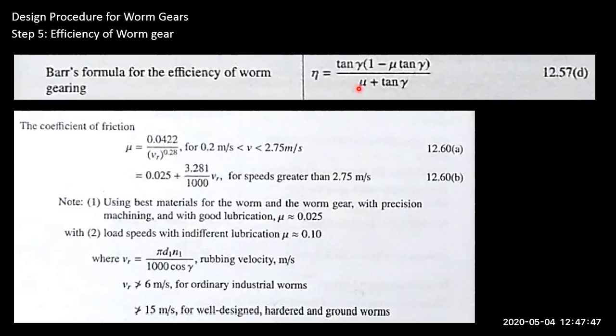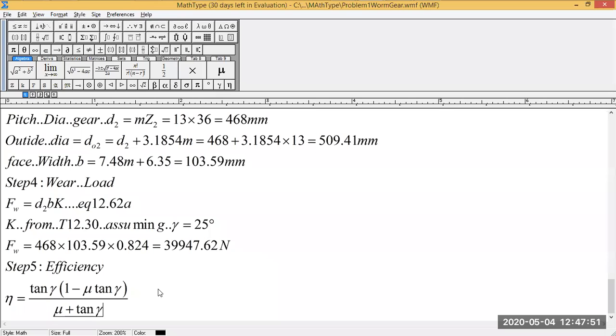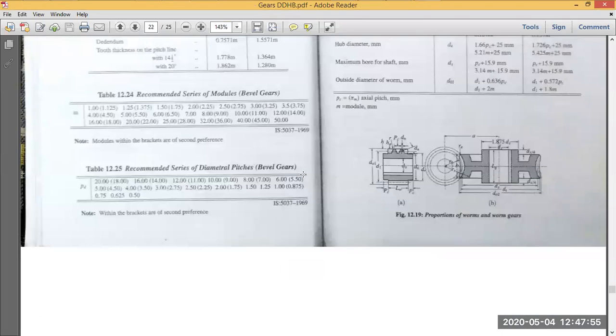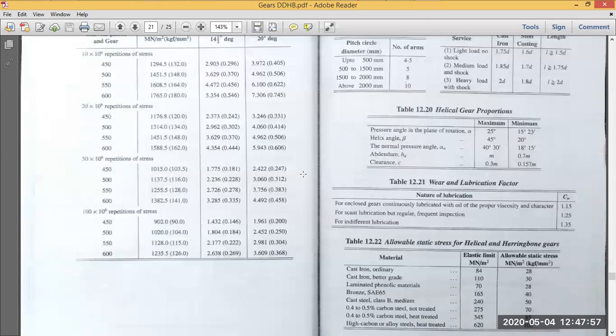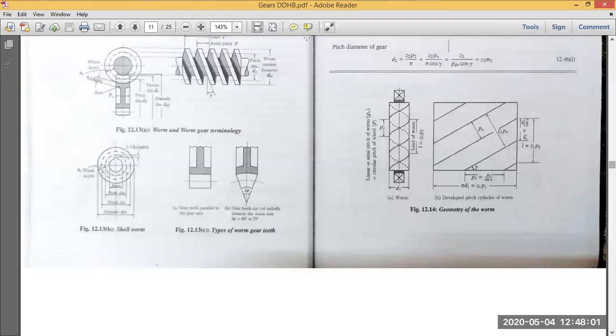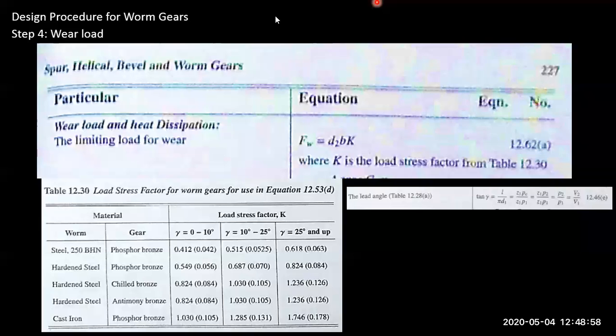Okay, so let's find one by one. Gamma value here. For finding gamma, there is another equation. We need to find where that gamma is. Okay, here is the lead angle to find the value of gamma if not given.